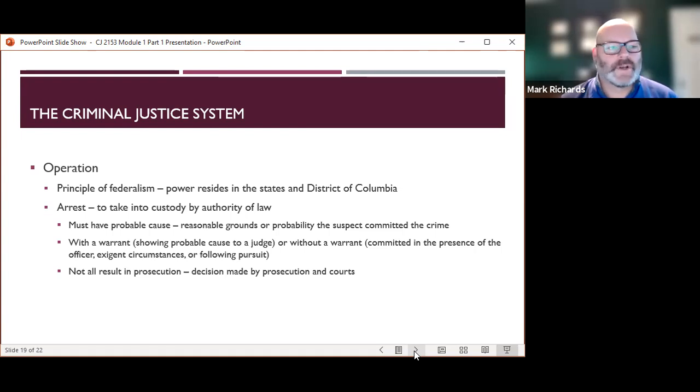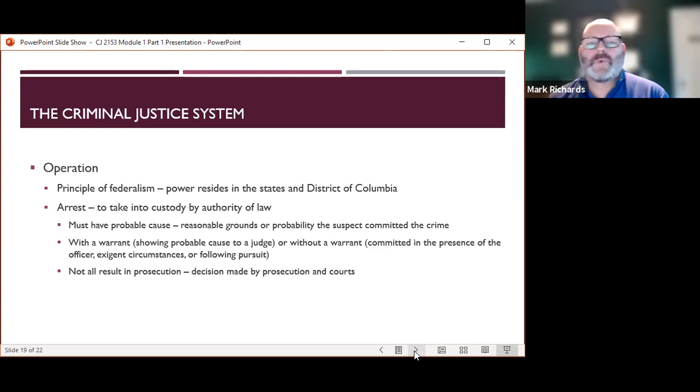To arrest someone, a law enforcement officer must have probable cause, which means they have reasonable grounds or probability that the suspect committed the crime. An arrest can take place with a warrant showing probable cause to a judge, or without a warrant when the crime is committed in the presence of an officer, when exigent circumstances exist, or following the pursuit of an offender after the law has been broken.